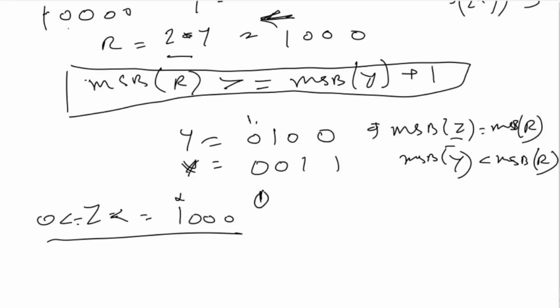Okay, so now our R is this, and we have taken the third bit of Z to be 0.